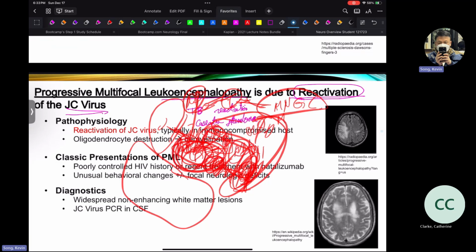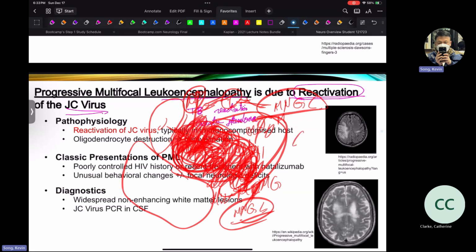So there are some dead TBs and alive TBs, and dead macrophages or multinucleated giant cells, all these things inside. They're all a mess right now. Think about the Gaza Strip.